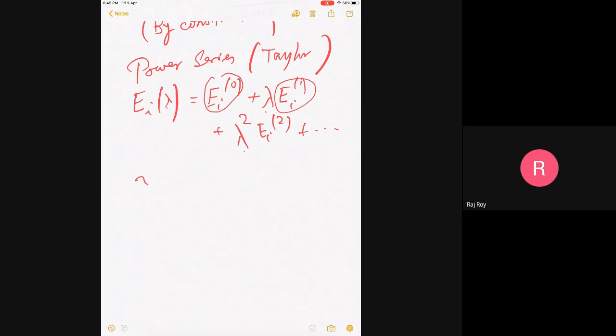And the same thing I will do for psi I lambda. So psi I0 plus lambda psi I1 plus lambda squared psi I2 and so on. These 1, 2 are very important. The superscripts 1 and 2 imply that they are the coefficients of the corresponding order of lambda: lambda to the power 1, lambda to the power 2, and so on.